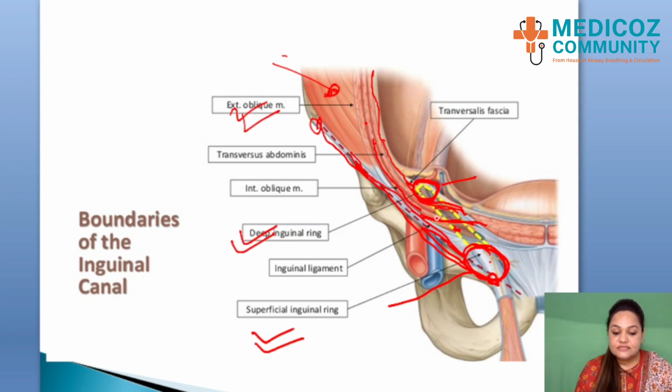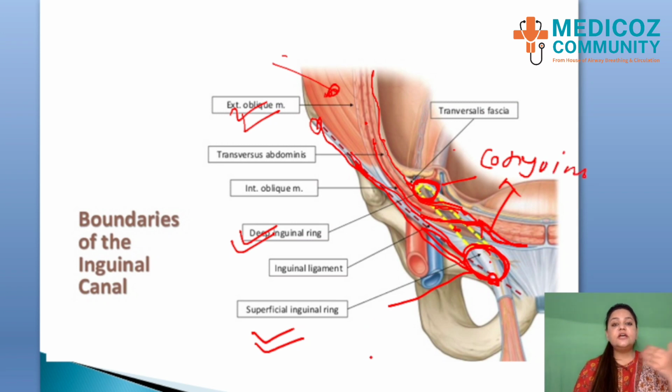When these two muscles arch over this inguinal canal, they go posterior to it, and their tendon forms a structure here which is called the conjoint tendon. Now it is clearly identified here. This conjoint tendon forms the posterior wall of the inguinal canal.